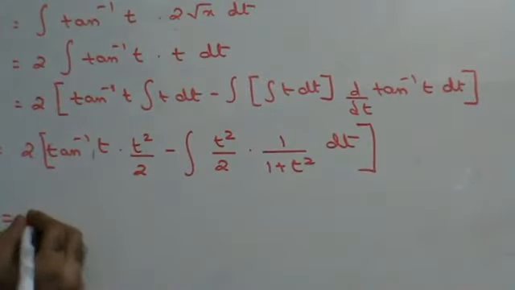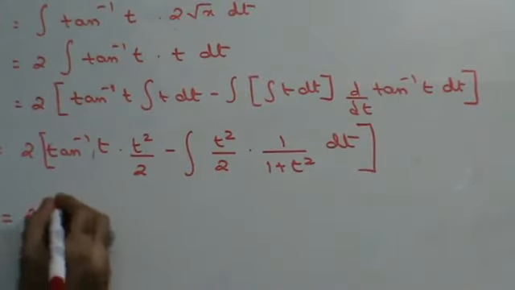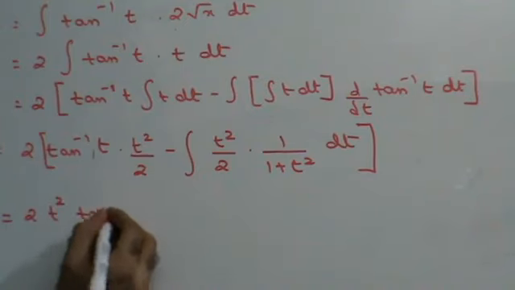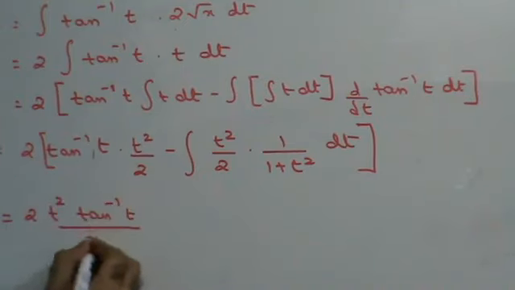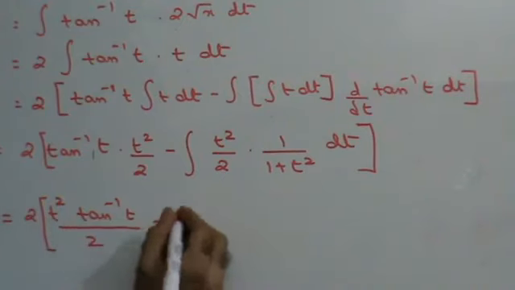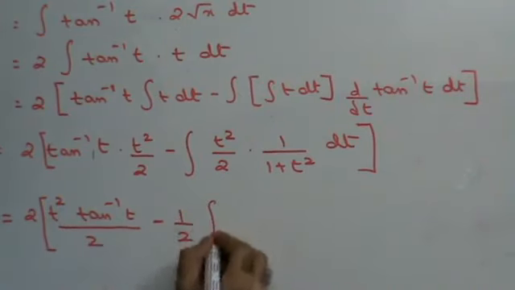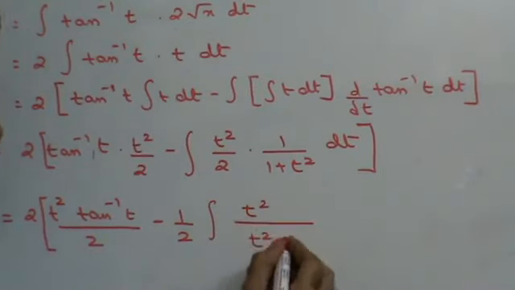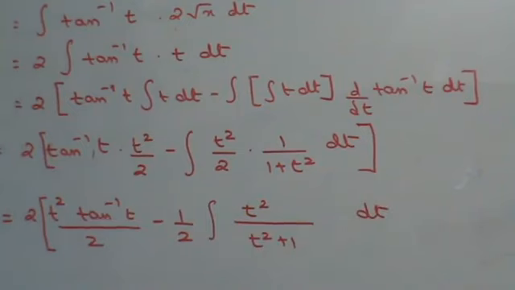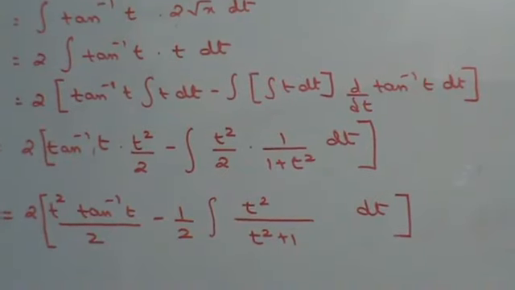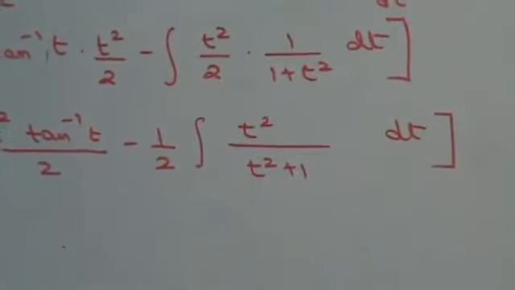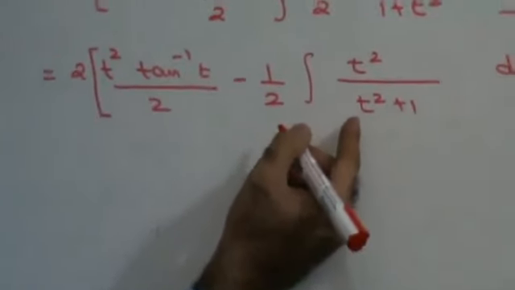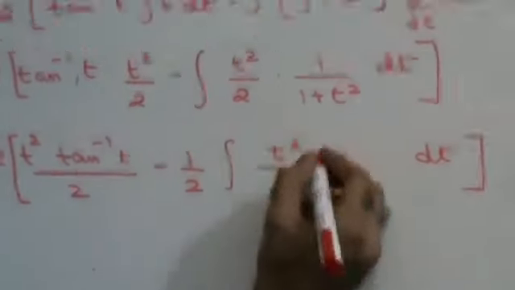This can be written as 2 t square tan inverse of t by 2 minus 1 by 2 integral of t square upon t square plus 1 dt. The degree of polynomial is same in the numerator and denominator. Since the degree of polynomial is same in the numerator and denominator, therefore you will introduce the denominator in the numerator.